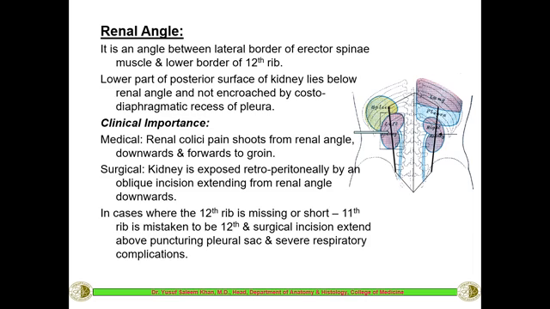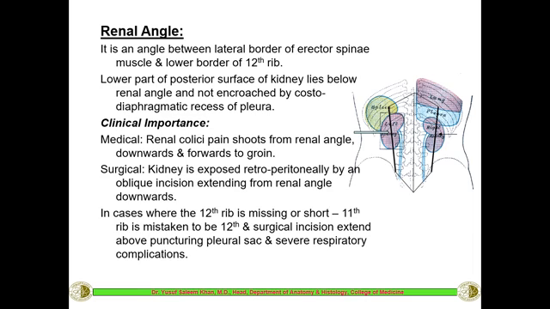And most important clinically, sometimes there will be a missing 12th rib. So you should always keep in mind that the 12th rib might be missing, or sometimes there might be a very short 12th rib.